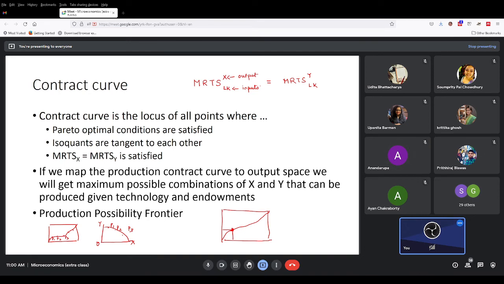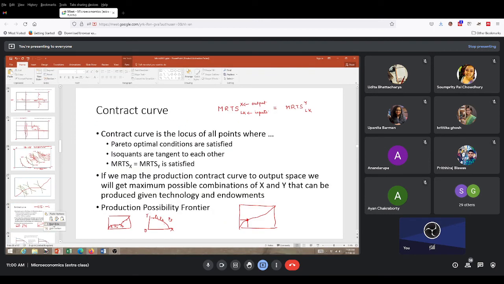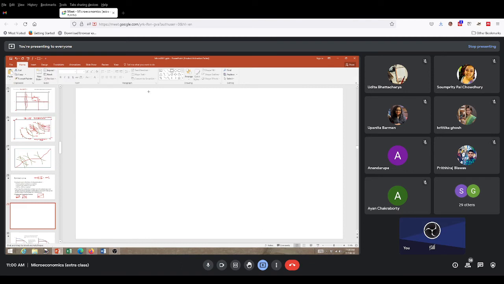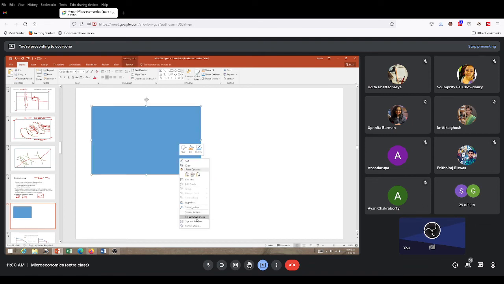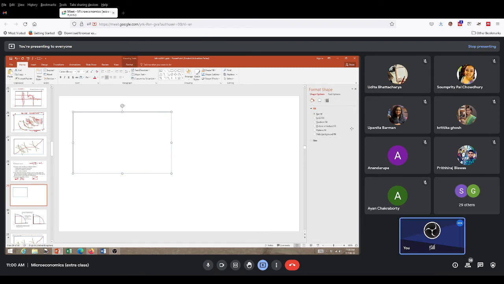Yes, sir. If we map the production contract curve to output space, it won't be very visible.